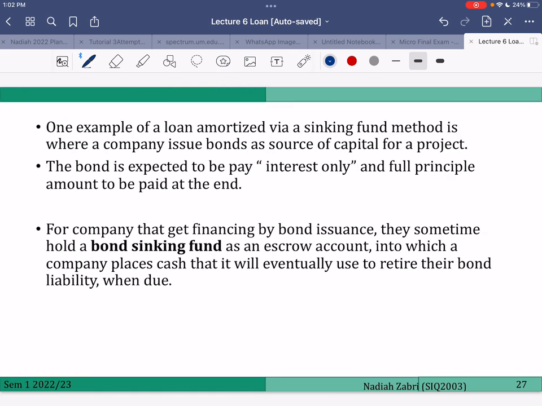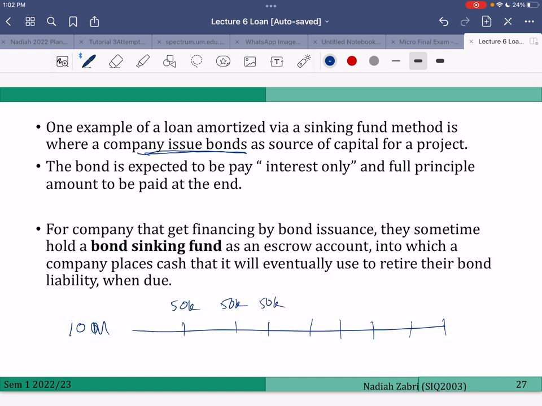One example of a loan amortized via a sinking fund is where a company issues a bond. You haven't covered bonds before, but how bonds work is that when they issue a bond, they borrow a certain amount, let's say $10 million, but they will only pay coupons throughout the maturity period. Let's say it's a 5% coupon, so it's like 50k, something like that.